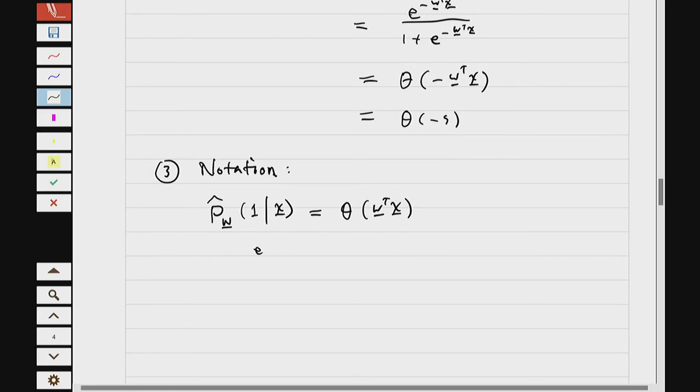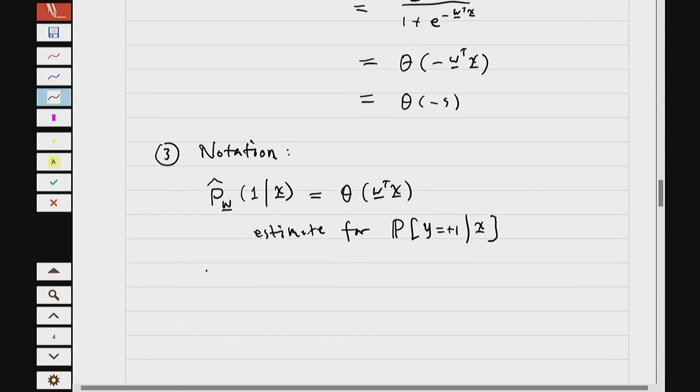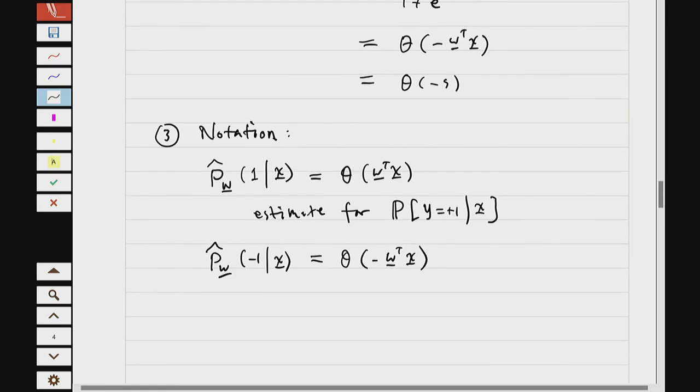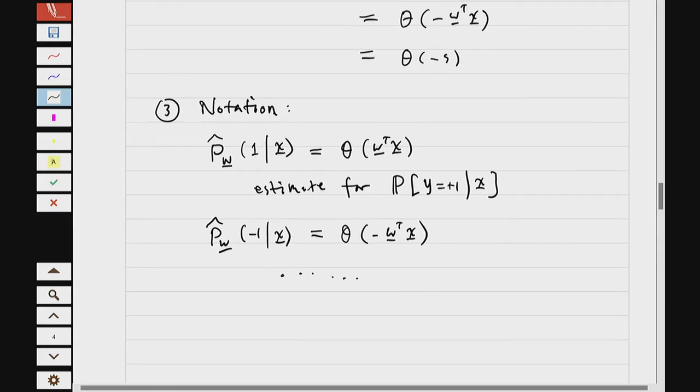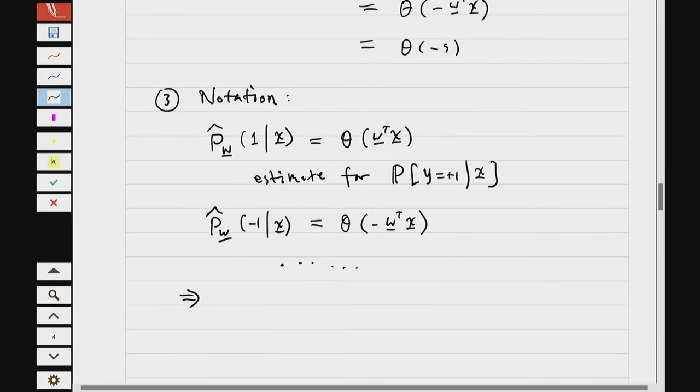So this is our estimate for the probability that y is +1 given x. And of course, correspondingly we have this one as well, the probability of y is -1 given x is equal to theta of minus w transpose x, just the estimate for y is -1 given x. I want to write it out this way because now we can combine the two of them together.